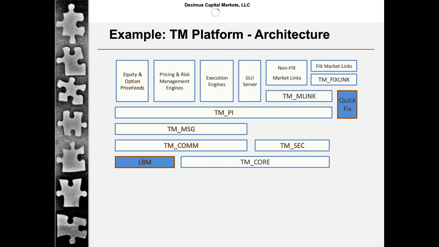Usually I would even build the middleware, but we didn't for this build because of time-to-market considerations, and used 29West LBM there. Kind of regret that, but we won't get into that. Most of our market links are direct API links. QuickFIX would be used to communicate with a broker, some non-latency-sensitive destination. It's the only reason you see it there.